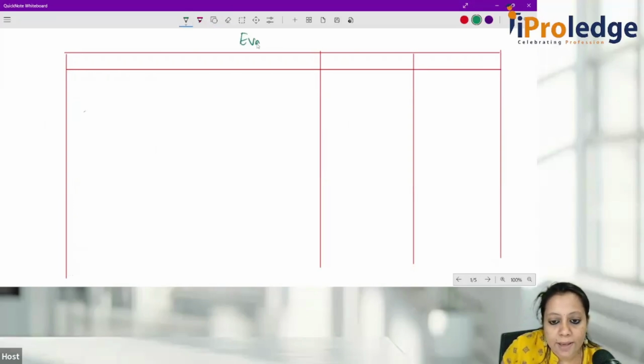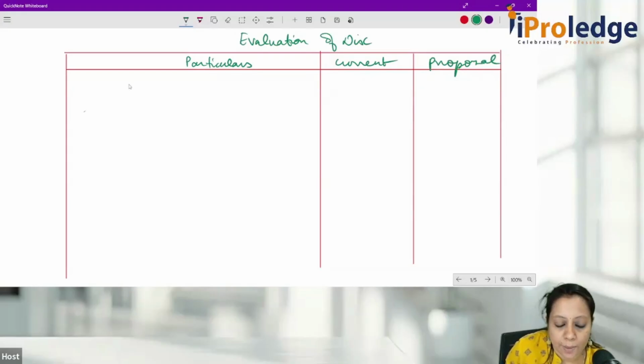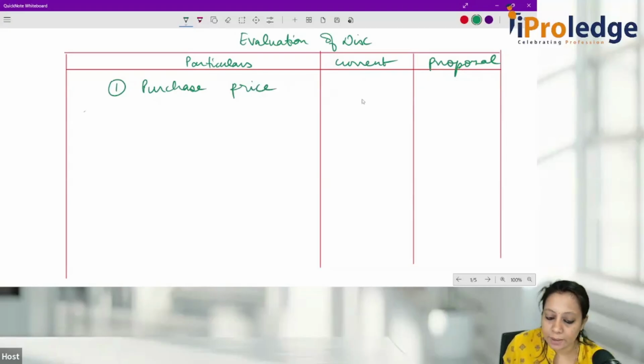So the heading is evaluation of discounts. Particulars: current, proposed discount. Purchase price. I'm referring to everything that is given in the question.